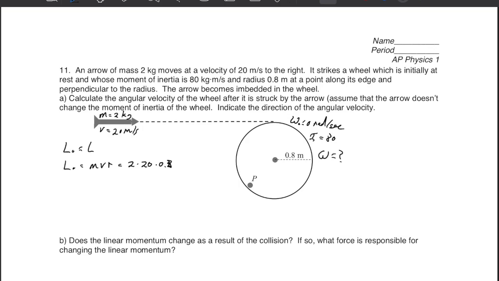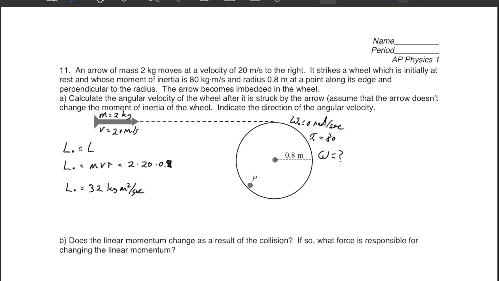So the initial would be MVR, mass of the arrow 2 times its velocity 20 times the radius 0.8. When we put that into our calculator, we get 32 kilograms meters squared over seconds. So that's the initial angular momentum.